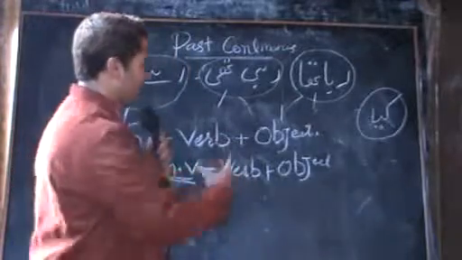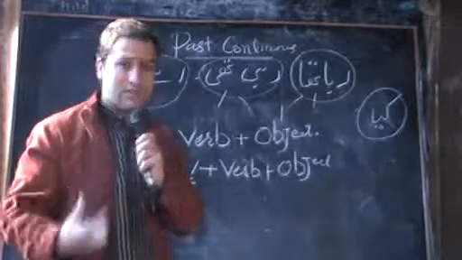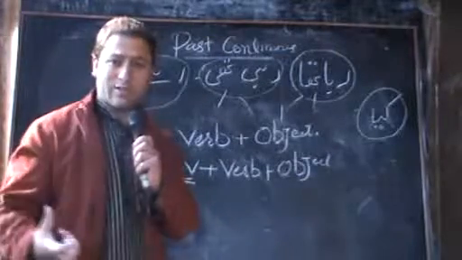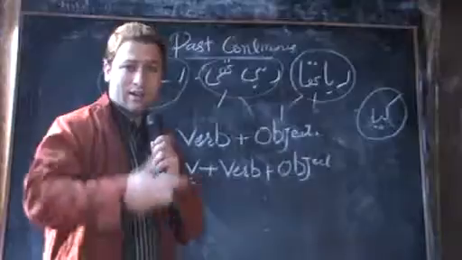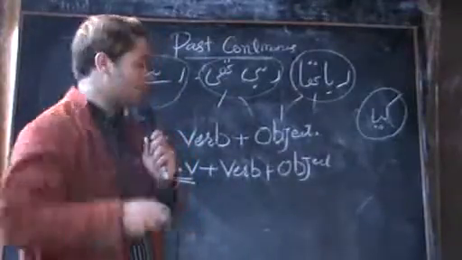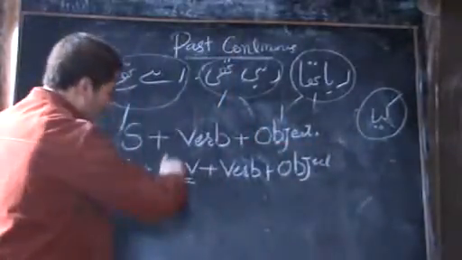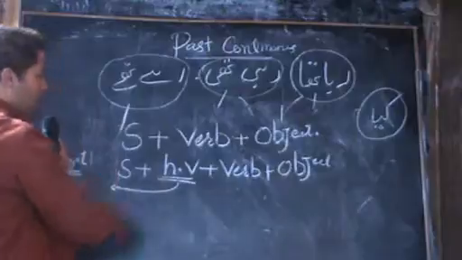Somewhere it is translated in the form of did, somewhere in the form of does, do. We have to see what was the time factor. So the kya will be translated in the form of the helping verb when the helping verb is taken out.